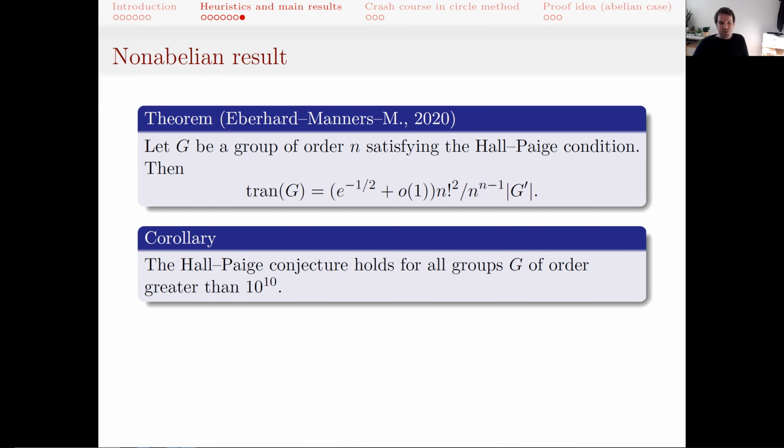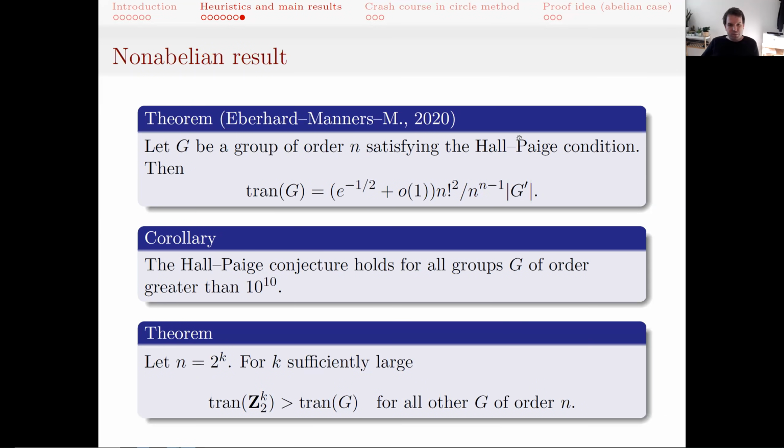And the important thing is that in this proof we didn't use any classification of simple groups or computer algebra or anything like that. So we didn't use that for groups which are large enough. If you want to prove the whole Hall-Paige conjecture, then you would have to use some classification of finite simple groups to deal with these smaller groups.